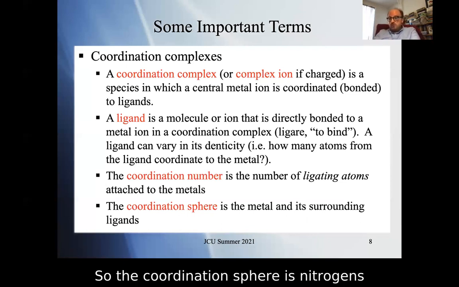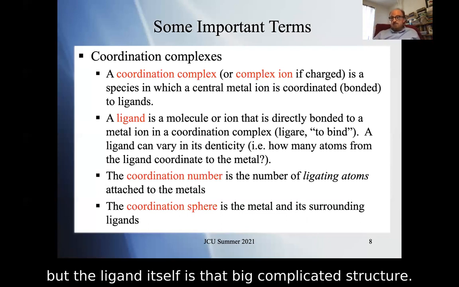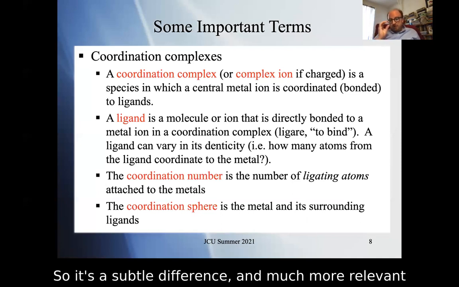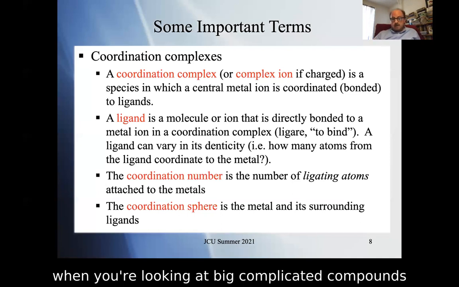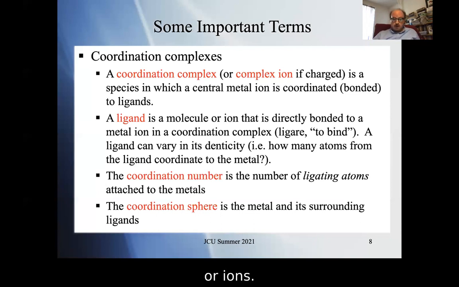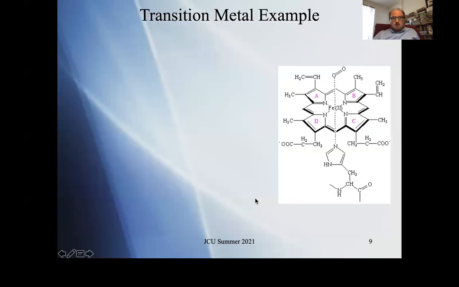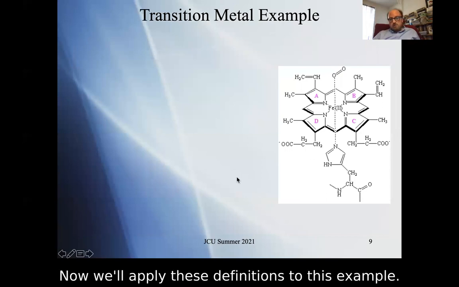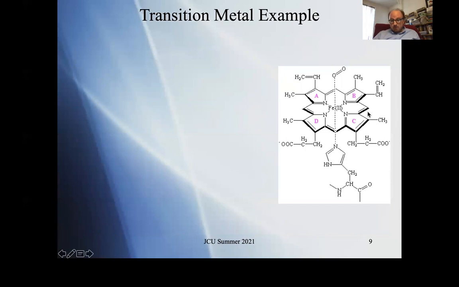So the coordination sphere is nitrogens, but the ligand itself is that big complicated structure. It's a subtle difference and much more relevant when you're looking at big complicated compounds with rather complex ligands that aren't simple molecules or ions.